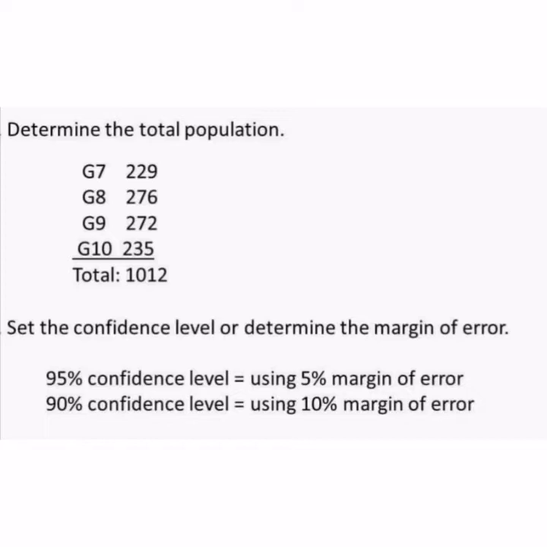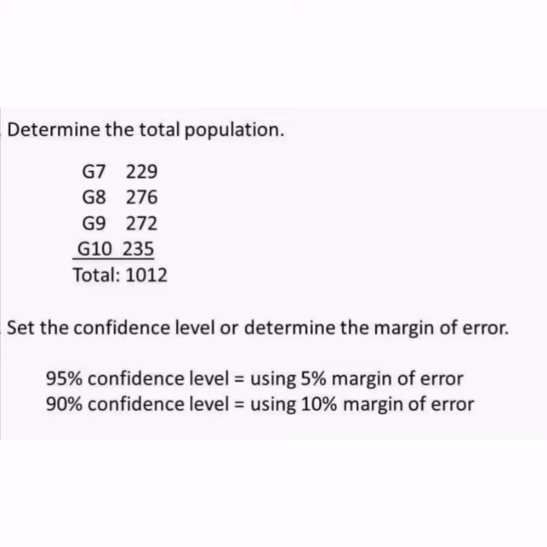Next, you have to determine the confidence level or the margin of error. For example, a confidence level of 95% giving a margin of error of 0.05 may be accurate enough, or a tighter accuracy of a 98% confidence level, a margin of error of 0.02.